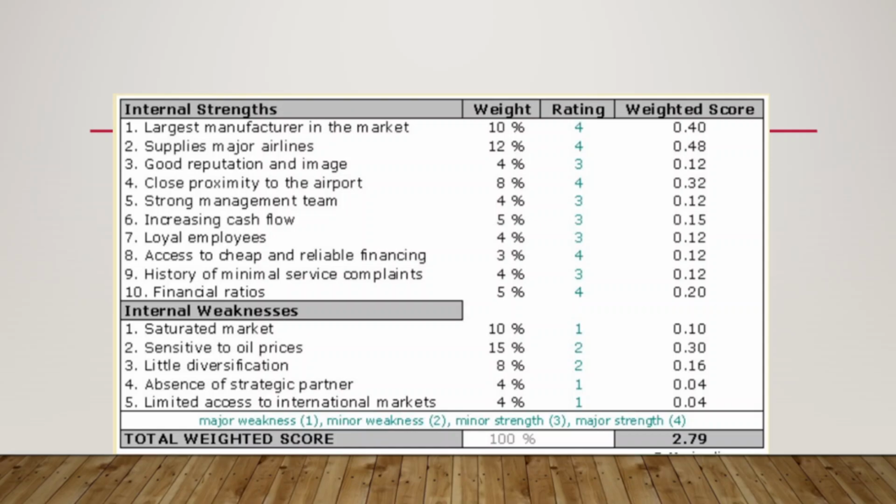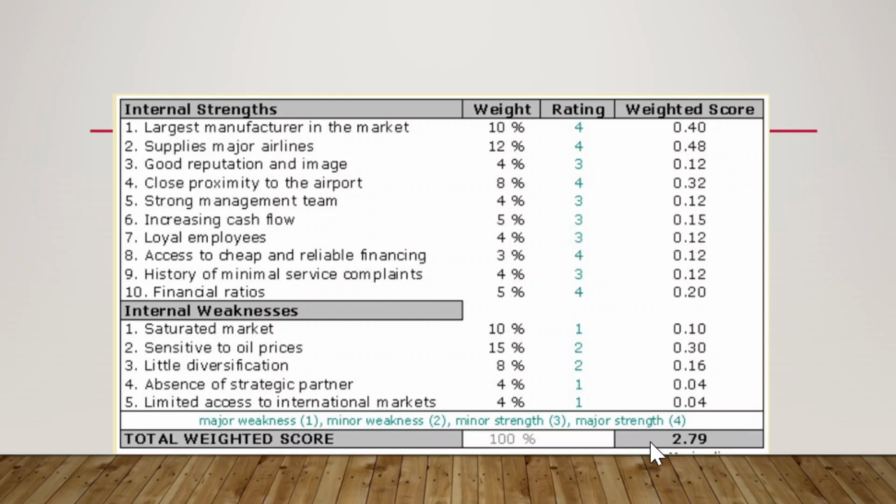And with respect to the rating, we can rate the factors from 1 to 4: 1 major weakness, 2 minor weakness, 3 minor strength, 4 major strength. Then we multiply the weight by the rating to come up with the weighted score, and we need to total it up.